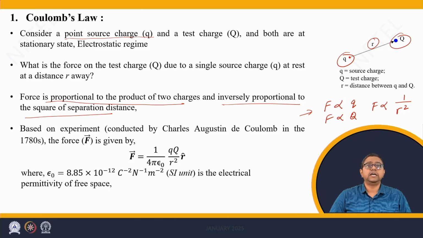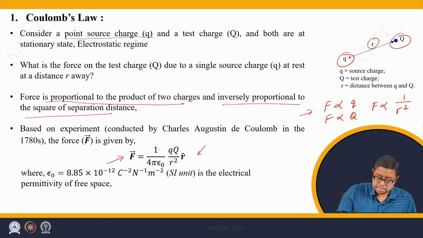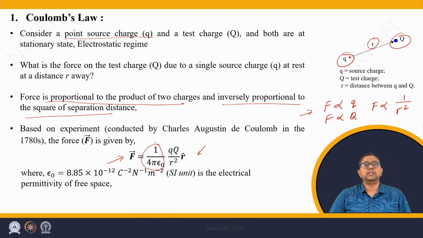The force is given by F vector, which is the force field, equals 1 by 4 pi epsilon naught, q capital Q by r square, r hat vector. This is a constant quantity where epsilon naught is the electrical permittivity of free space.